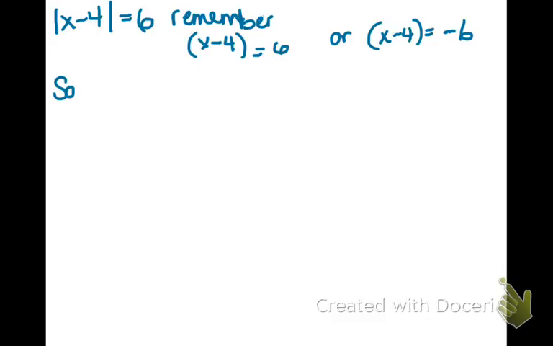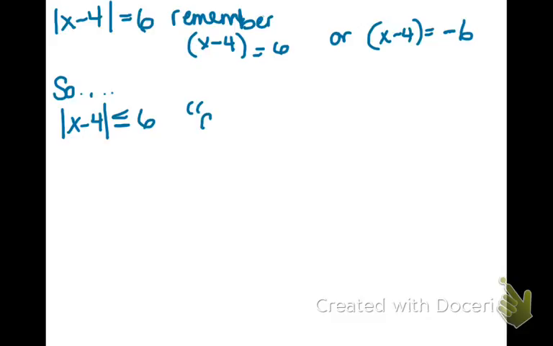So let's relate it then to the absolute value inequality. If we have this less than or equal to 6, this question is asking when the inside expression, the one inside the symbols, is between negative 6 and 6. So this is an and inequality.